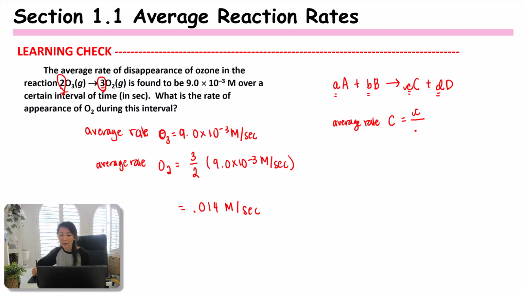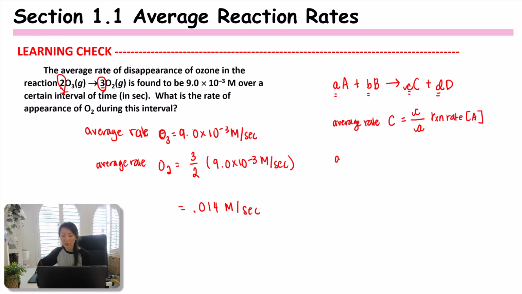Say you have the reaction rate of A, so I would put A on the bottom and multiply by the reaction rate of A.